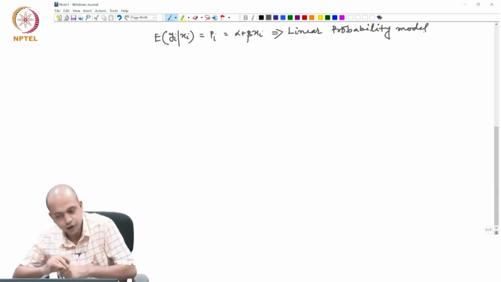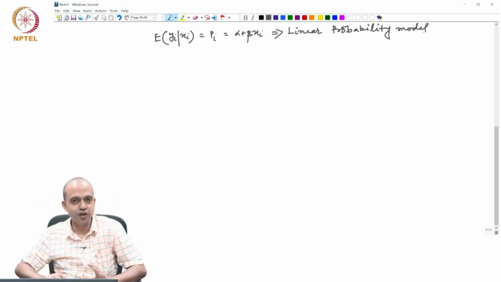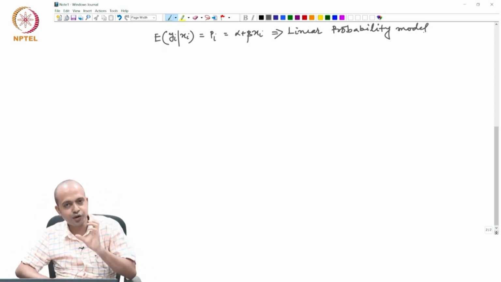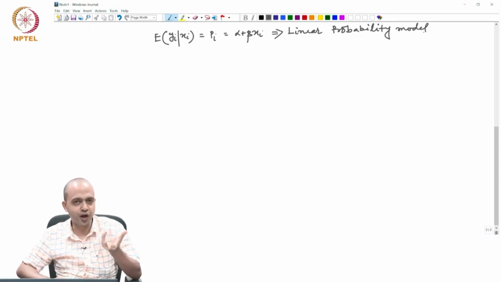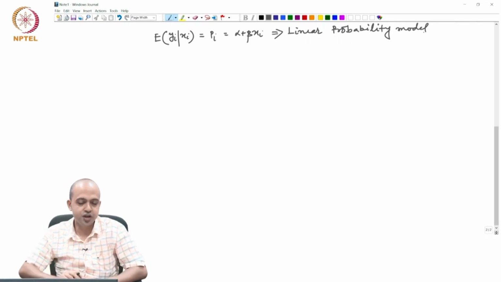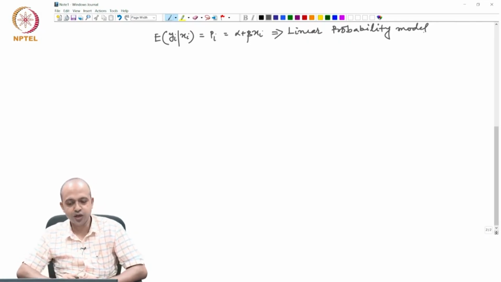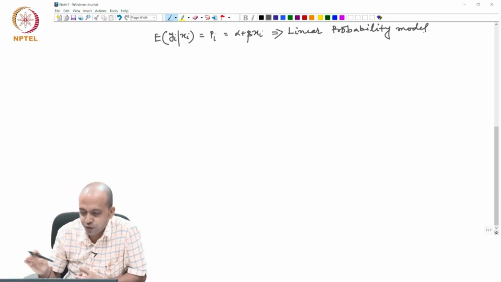That is the first model in this class of models, the first kind of model of the binary response models. We have many other models, but this is the starting point: pi equals alpha plus beta xi.